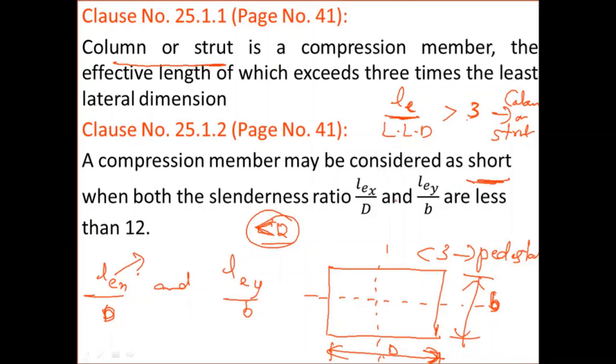If it is greater than 12, it is considered long. So if the slenderness ratio is greater than 12, that comes under a long column. If both slenderness ratios are less than 12, it is considered a short column.